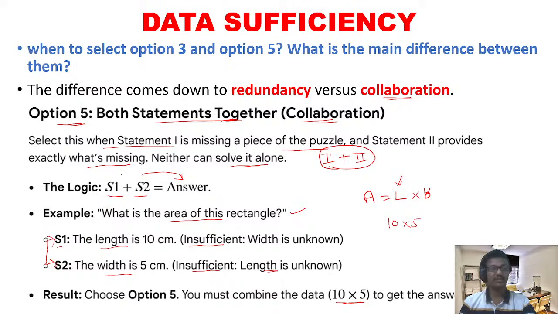When both statements are required to get the answer, we should choose option 5. You must combine the data to get the answer.